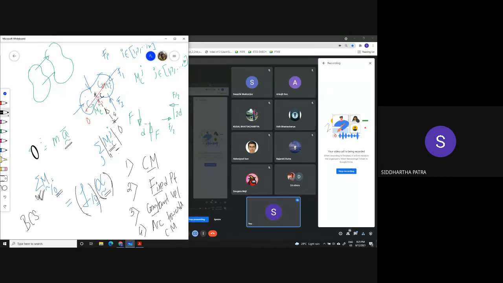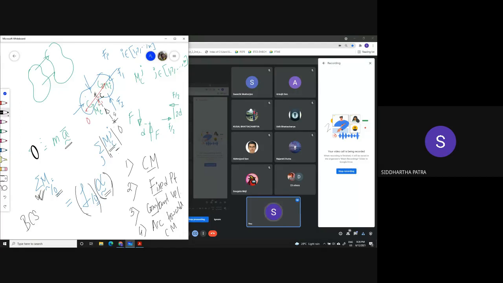Okay, so the pivot point, of course, comes under the category of fixed point. So the point is that even for that pivot point, if there was a couple acting on the body, the moment we should be taking into consideration is the moment due to the couple.